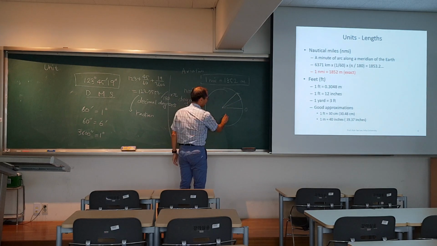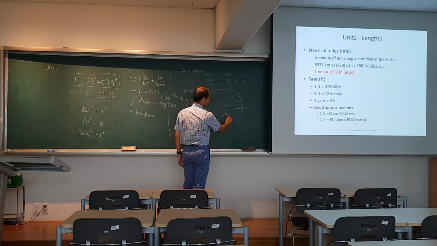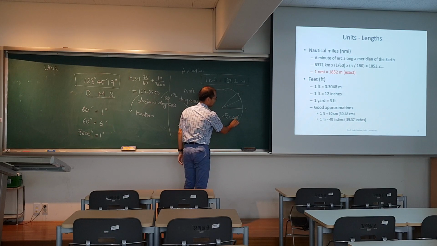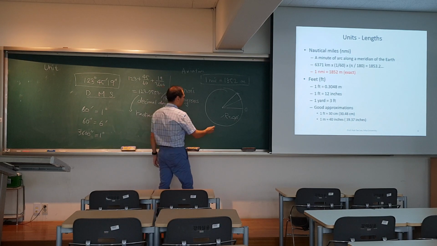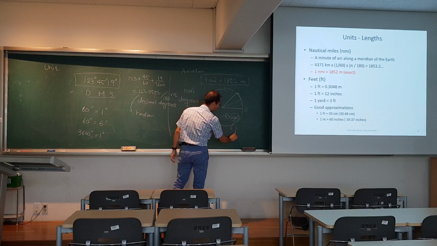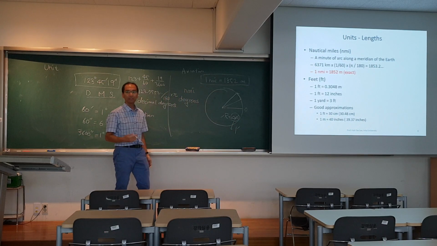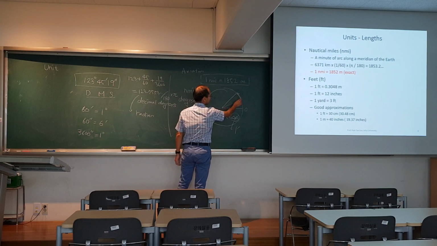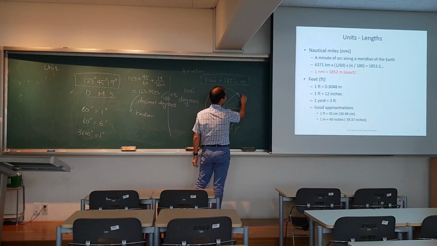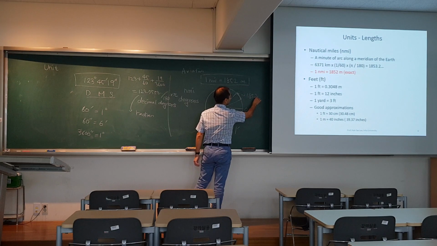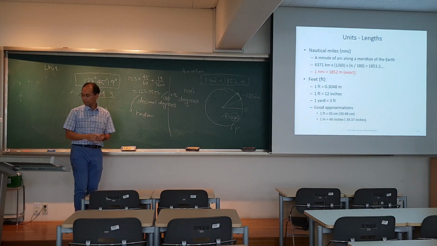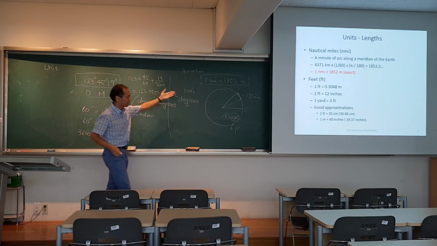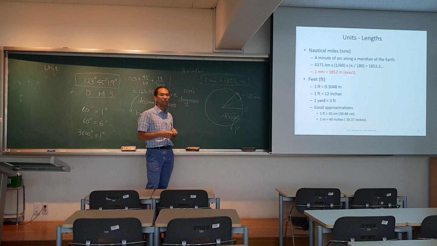It's just the radius of the Earth multiplied by your change in latitude. Now, for a change of 1 minute of latitude, 1 over 60 degree, that distance is about 1852 meters. So that's where the 1 nautical mile comes from.